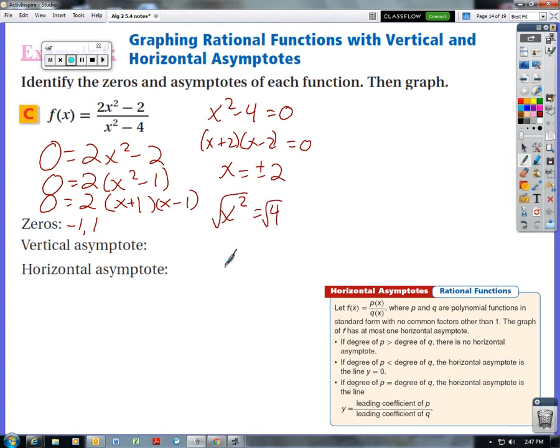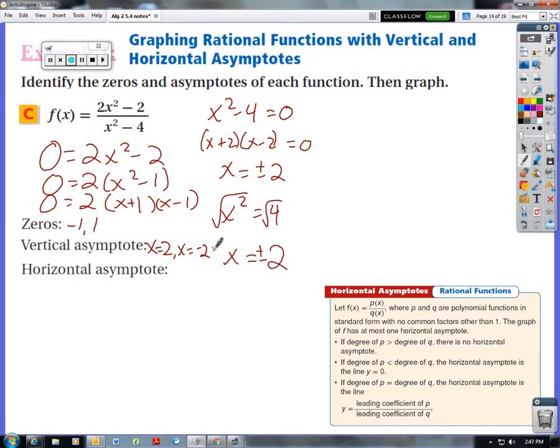You have to be careful though, because if you forget the plus or minus, you're just going to get 2. But really it should be plus or minus, because as we saw up here, we got 2 solutions. So there are actually 2 vertical asymptotes, x equals 2 and x equals negative 2. And that's okay too. That happens as well. That's perfectly normal.